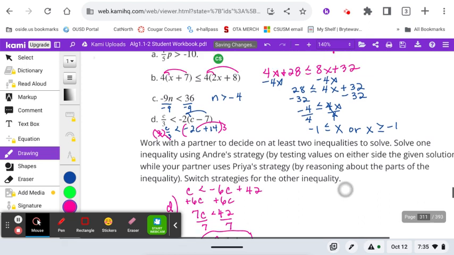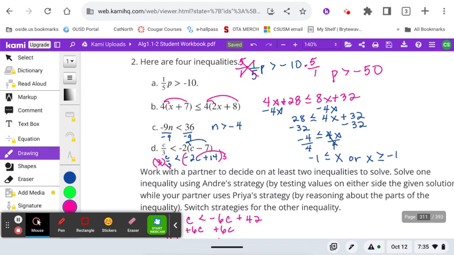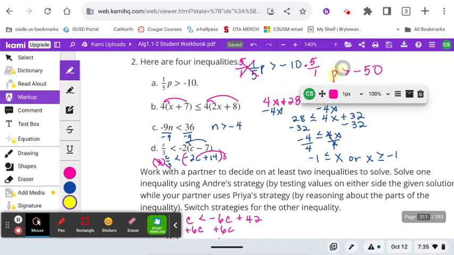Okay, so how'd you do on solving those? Let me highlight each of those answers to make sure you understood which one went with what.